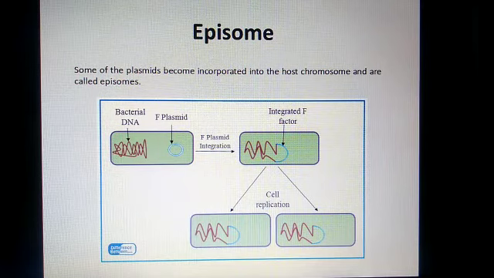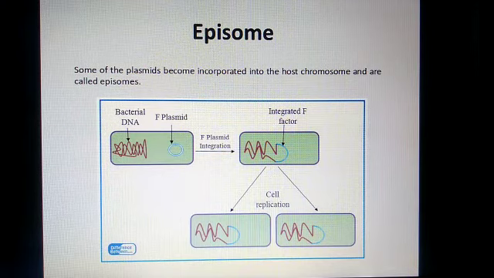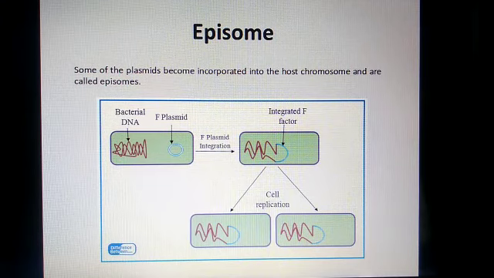Examples of episomes include F plasmids, transposons, insertion sequences, etc. So, this is all about plasmids.